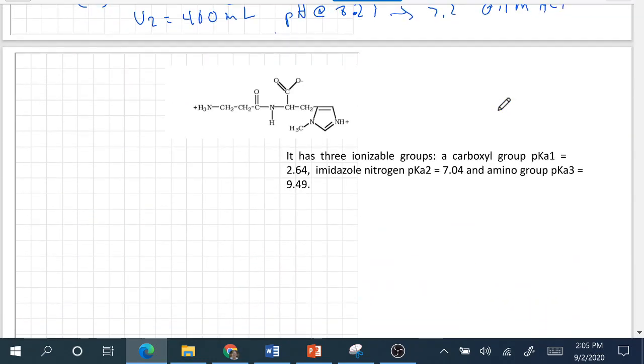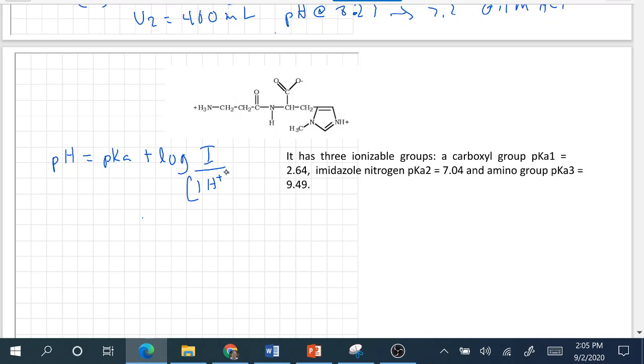So the pH that we want is 7.2. Let's write our Henderson-Hasselbalch equation down. pH is equal to the pKa plus the log of A minus over HA, or base over acid. So our base is the imidazole group, and our acid is the imidazole group with a hydrogen on it.